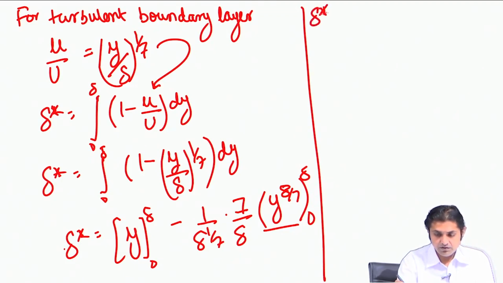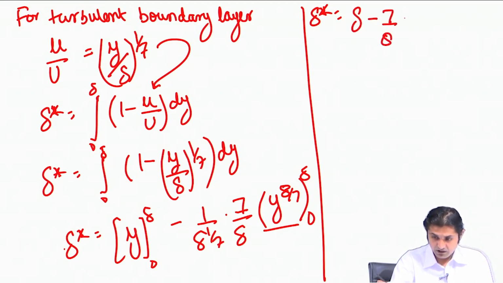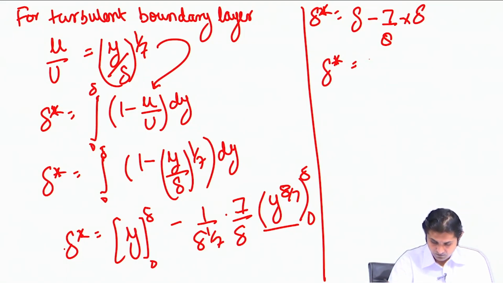After the limit, the second term will be 7 by 8 delta, so this is going to be 1 by 8 delta.